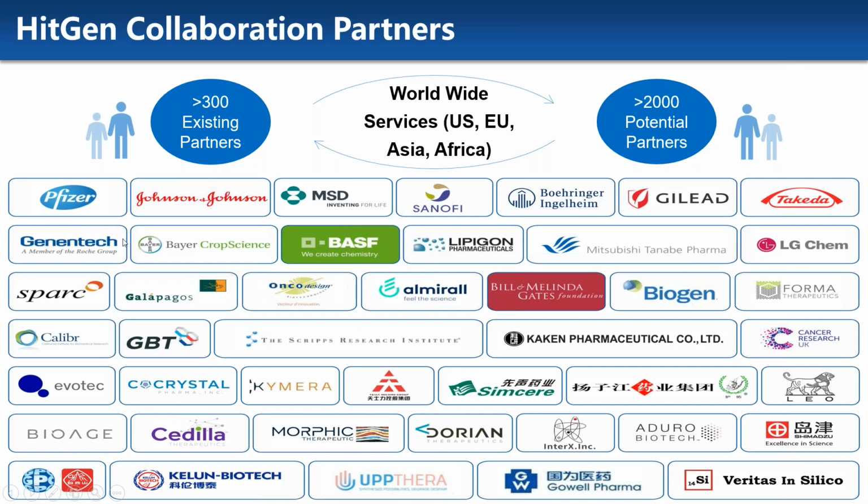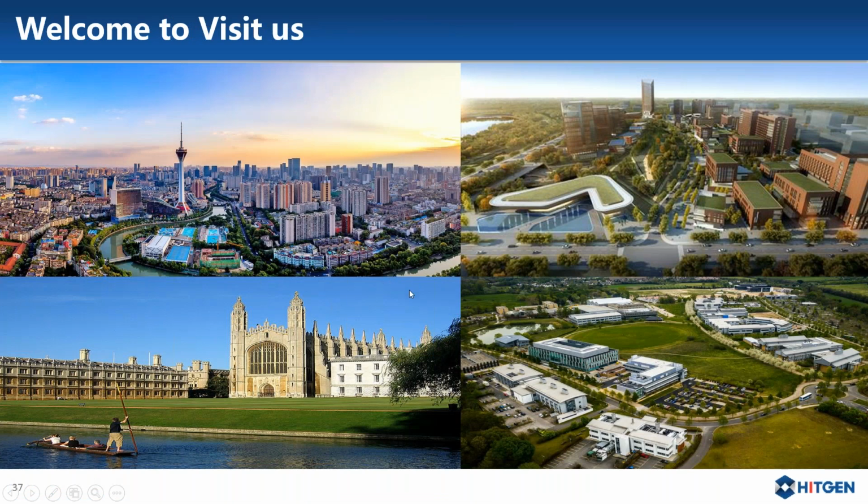You can see some big pharmas like Pfizer, J&J, MSD, Sanofi, Takeda, etc., and also some biotech companies like Forma Therapeutics, Sparkle, and Caliber, etc. This is just my final slide.